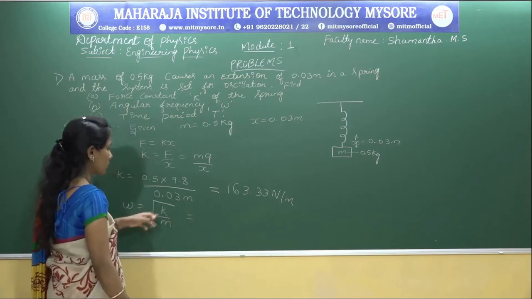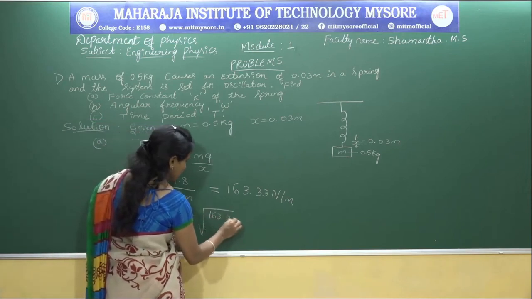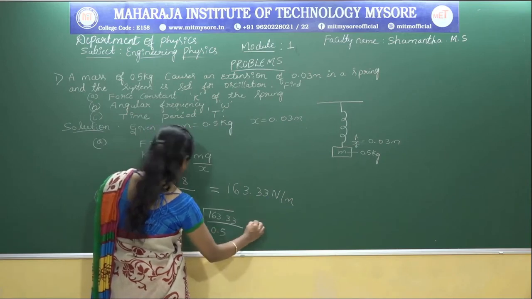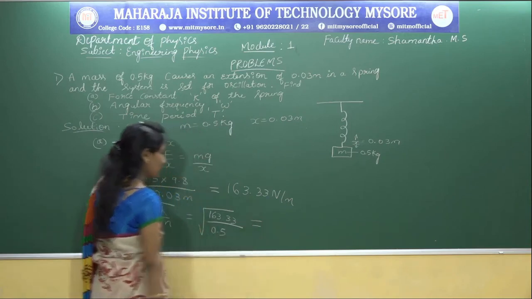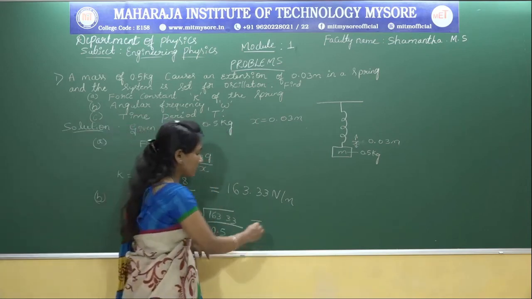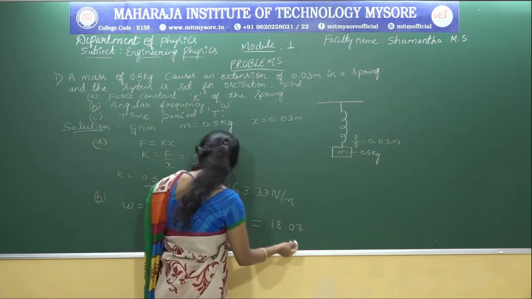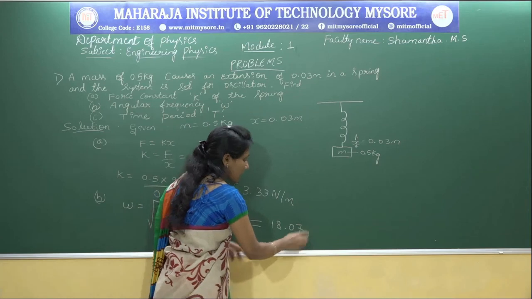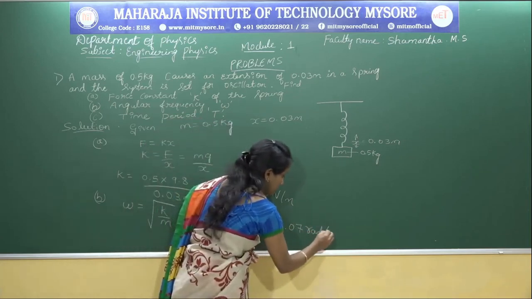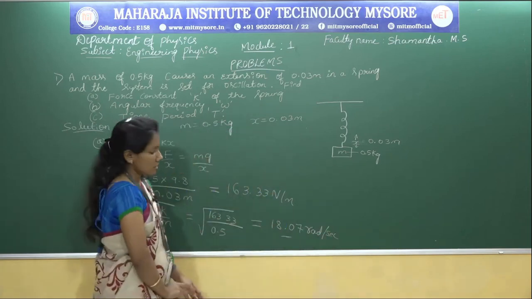Now the K value is 163.33 and the m value is 0.5. Using the calculator, we get 18.07. The unit for the angular frequency is radian per second.